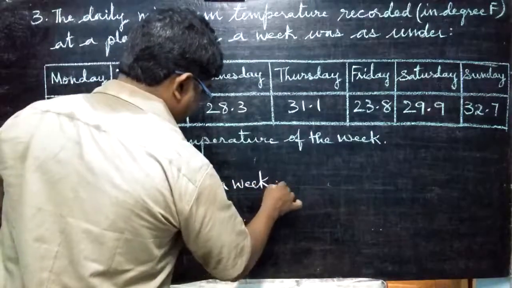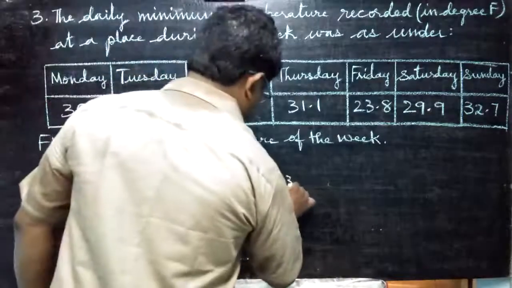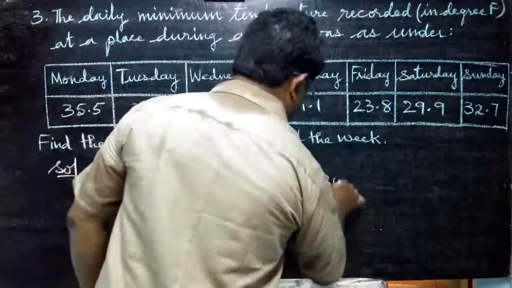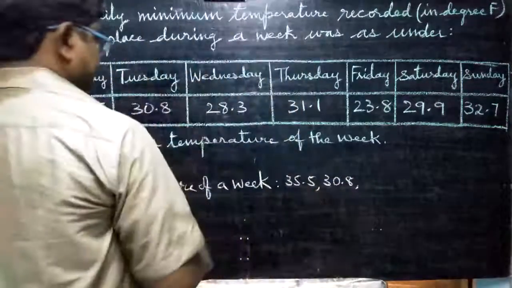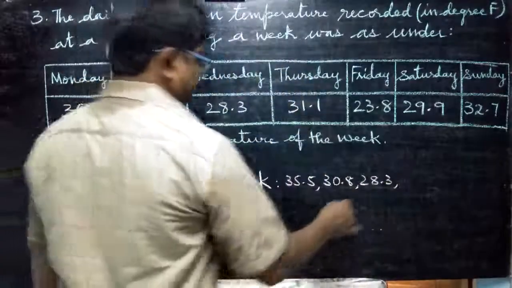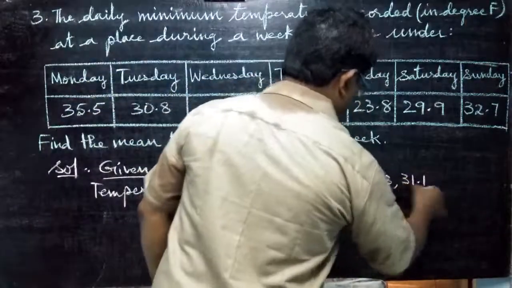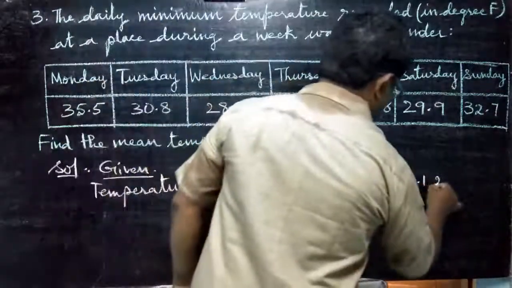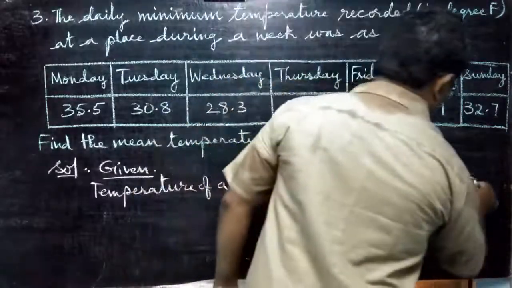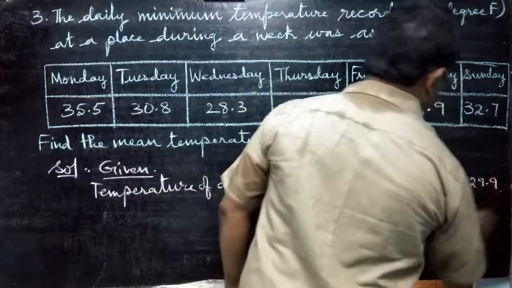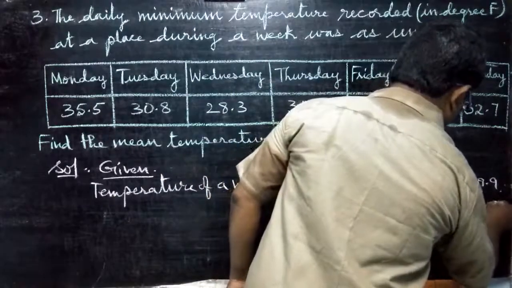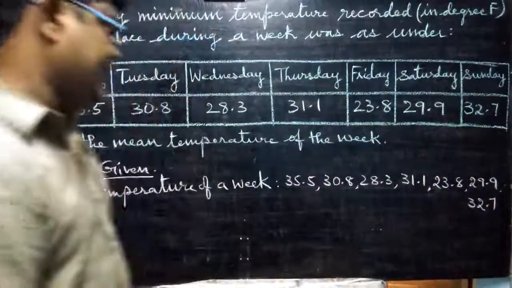What they have given? 35.5, 30.8, 28.3, 31.1, 23.8, 29.9, and last 32.7. All the 7 days they have given.